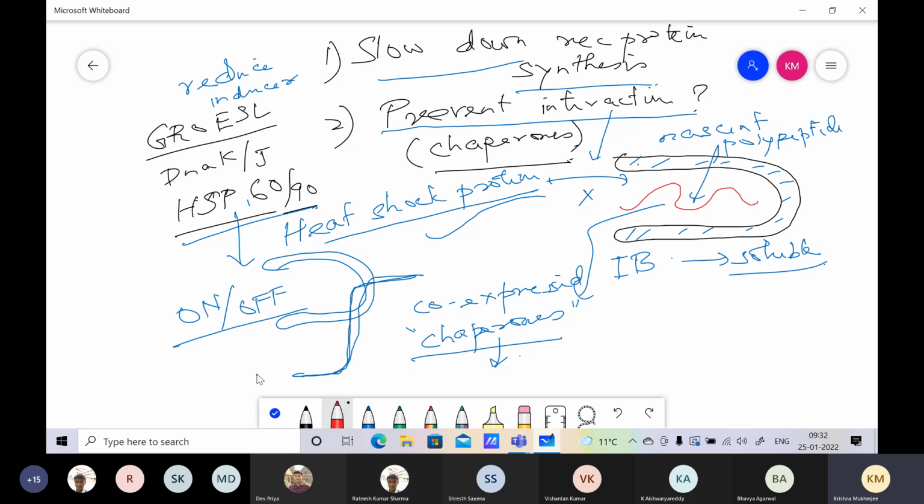When you have a response like this, then you have good control, because you can titrate and decide what level to keep, 50% on, 50% off, 20% on, 80% off, by changing levels of inducer. So if it is a responsive titratable promoter, then of course the red line is there. But if it is an on-off promoter, then this methodology does not work. Can you think of a third, even simpler strategy?